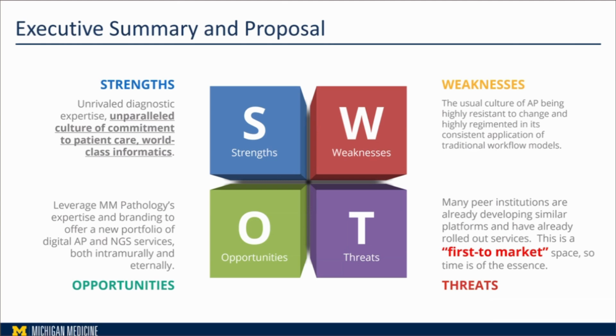One of the really great opportunities is to leverage Michigan Medicine pathology expertise and branding for a new portfolio, especially for anatomic pathology and NGS services. And then we also address some threats. For example, many peers like Mayo Clinic, MSK, and Ohio State have already gone digital. So right now we have to go digital to make sure that we are in line with our peers as well. So the SWOT analysis was really important and really helpful for us.